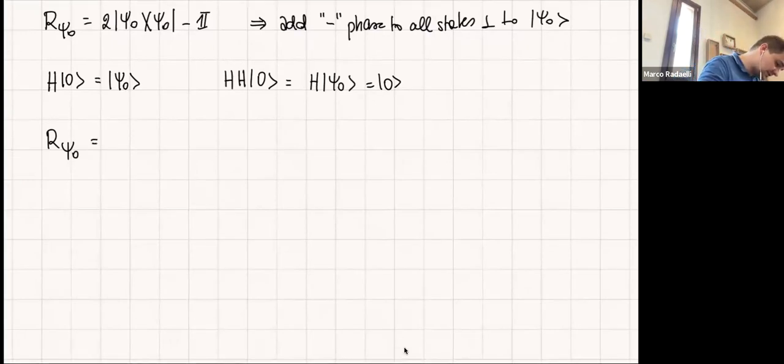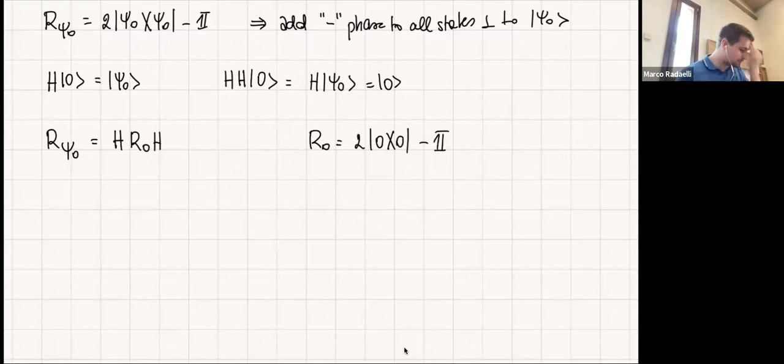So how do we do this? We just apply Hadamard, then the R0, and then another Hadamard. What's an R0? An R0 is the same thing, but with the 0 vector instead of the psi-not. So that's this.